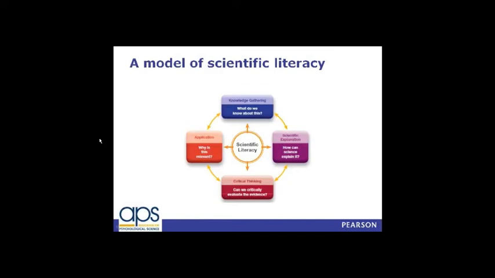This is something I use in my own teaching quite a bit in the development of assignments, exams and papers, where at the top you have knowledge gathering, and that's basically just getting the terms and concepts defined and making basic observations about the phenomenon you want to understand.